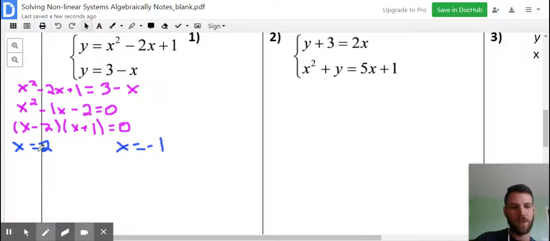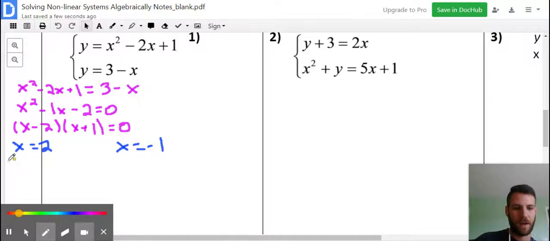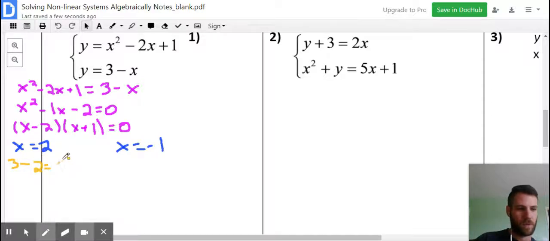So if I use the second equation, all I have to do is 3 minus my two answers, and I have y values. So I would do over on the left side here, 3 minus 2 equals 1.